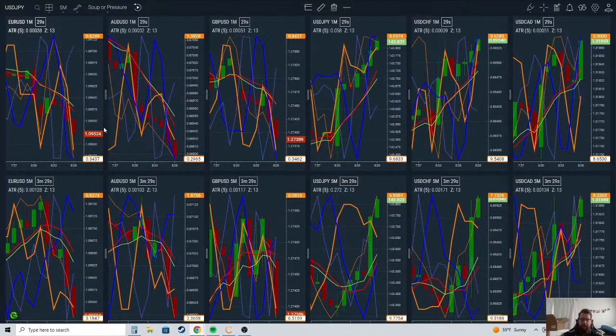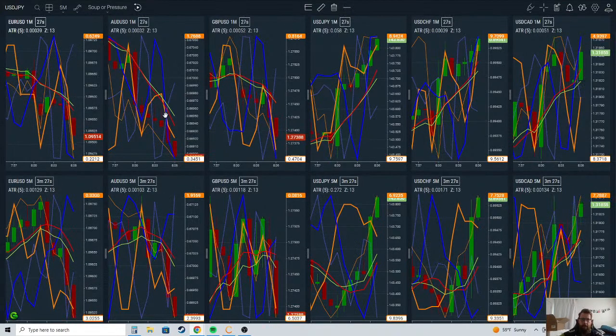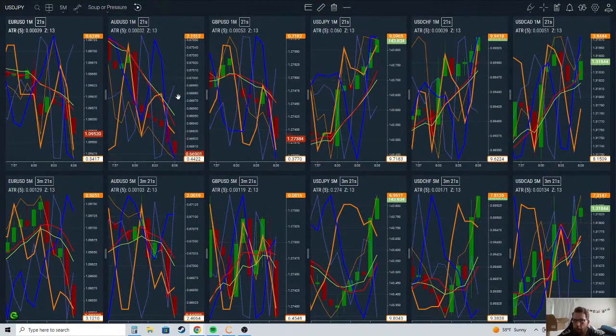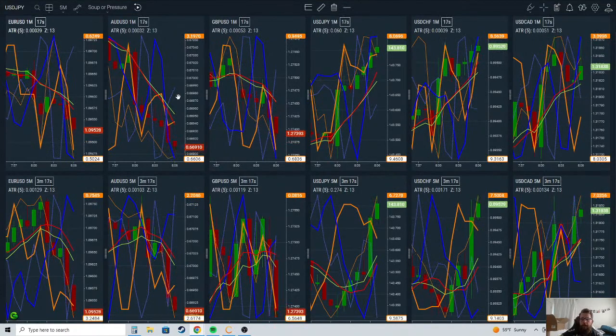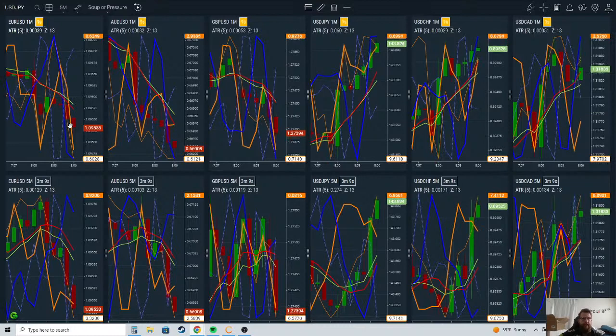Based off of that, we will then look at all these other lines, which give us an indication of more or less showing support, or if we should stay away from a trade. Just kind of a watered down version. The orange lines go in the direction of the trade. The blue lines go in the opposite direction of the trade. So that's kind of what we're looking at on each of these.